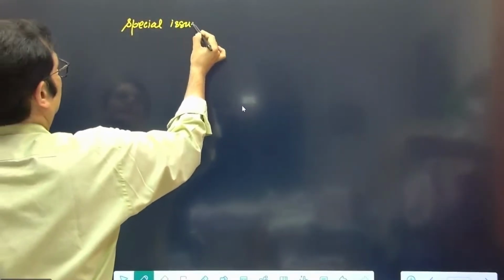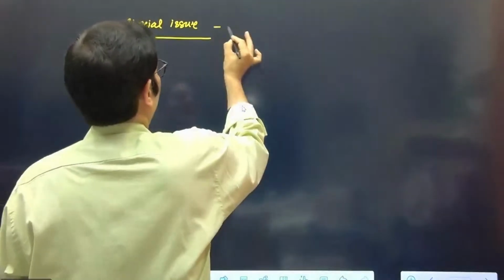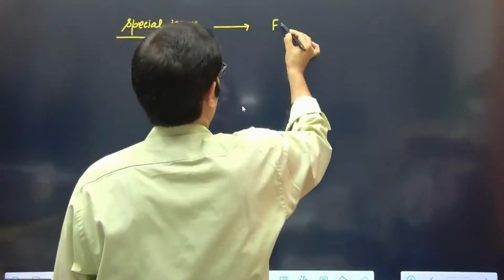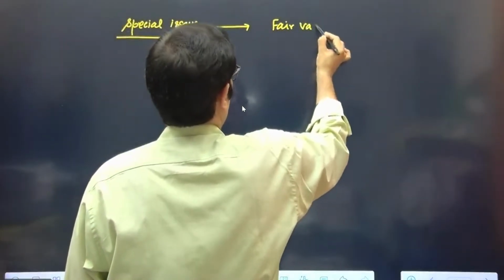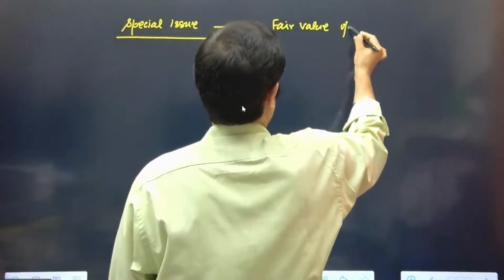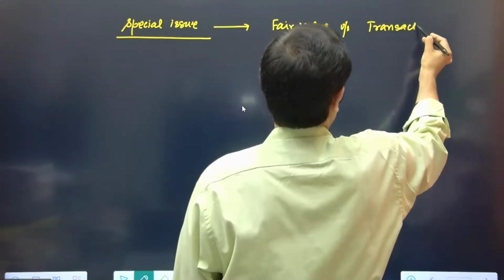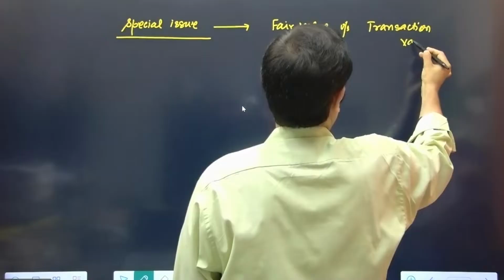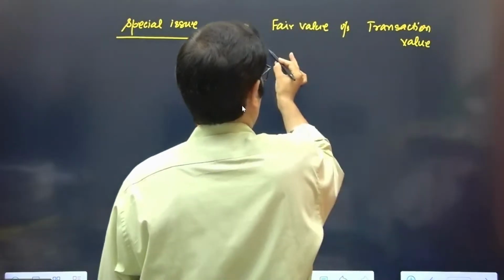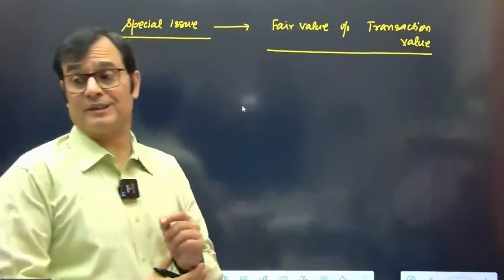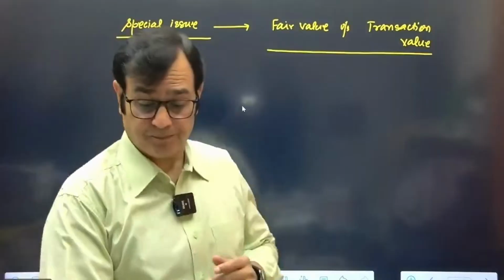Now we are coming to the discussion on a special issue, that is, when there is a difference between the fair value versus the transaction value. Let me first give you the thought process, then we'll start working on this.